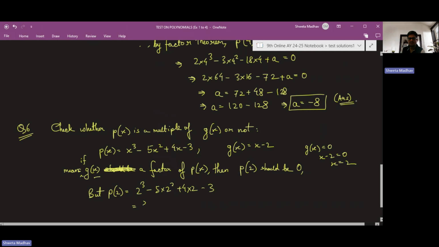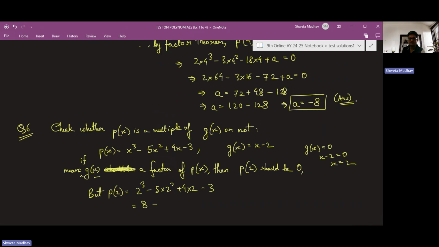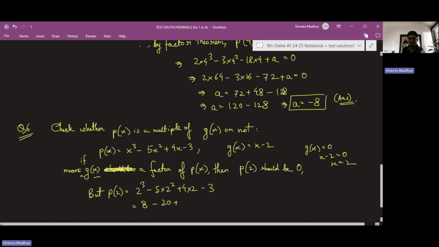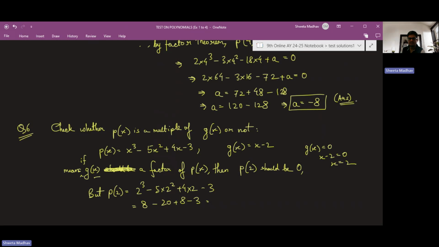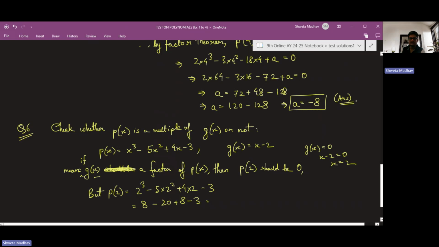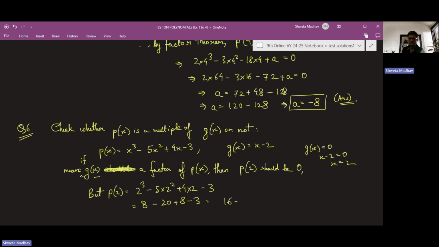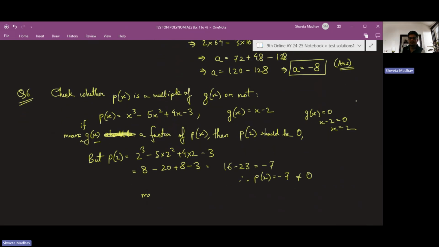So this will be equal to 8 minus 20 plus 8 minus 3. So this will be 8 plus 8, that is 16, 16 minus 23, that is equal to -7.